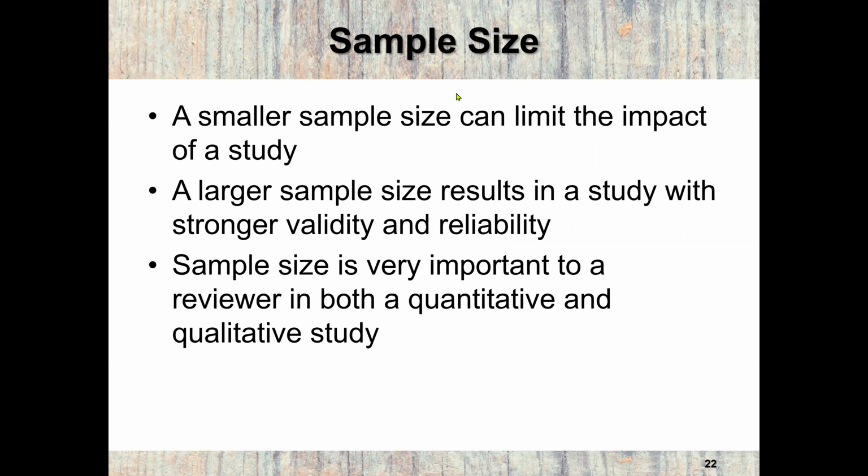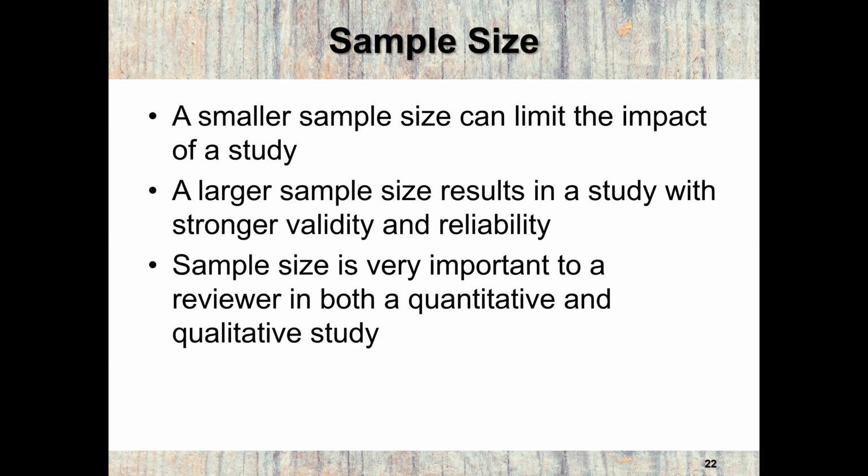Sample size is very important. We took a statistics class. We have so many different types of hypothesis testing methods like t-test, ANOVA, etc. The sample size can decide our results. If you have a smaller sample size, that can have an effect on your results. You may get incorrect results.